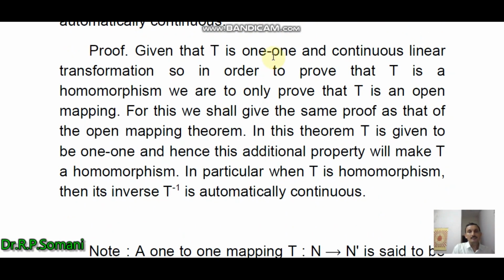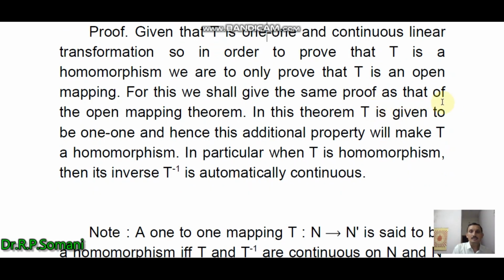Given that T is one-one and continuous linear, in order to prove that T is a homomorphism, we only have to prove that T is an open mapping, and for this we give the same proof as that of the open mapping theorem. In this theorem T is given to be one-one, and this additional property makes T a homomorphism.